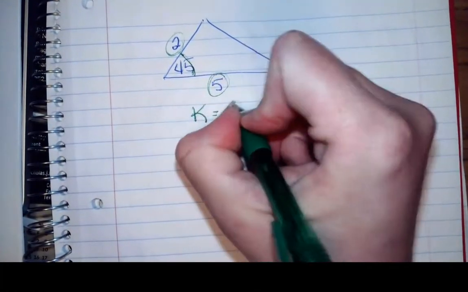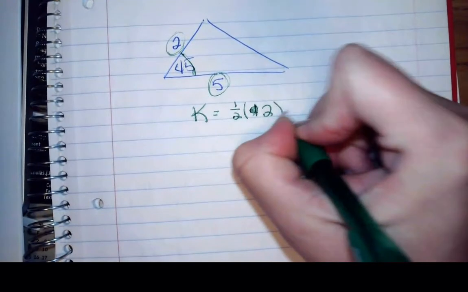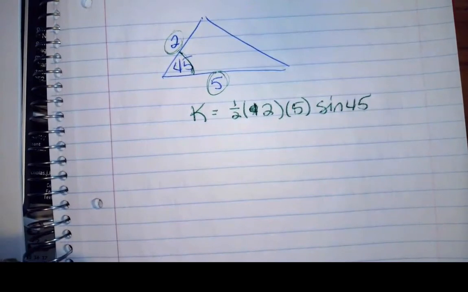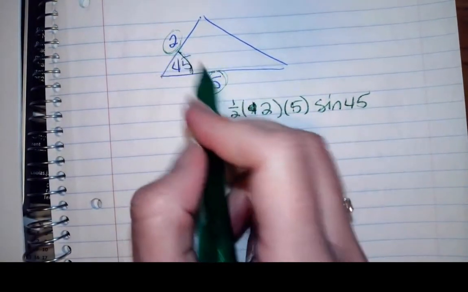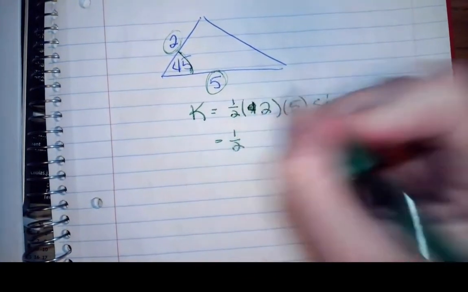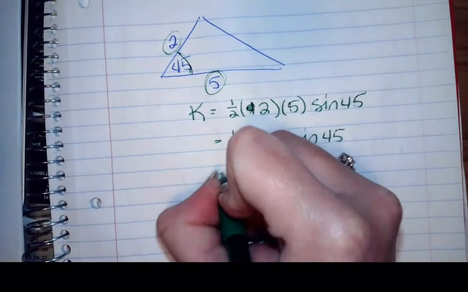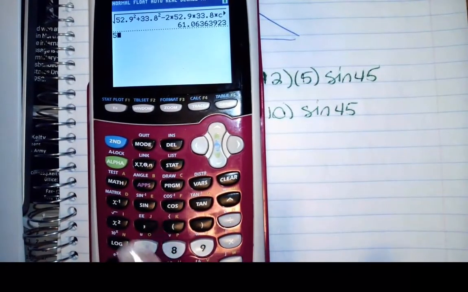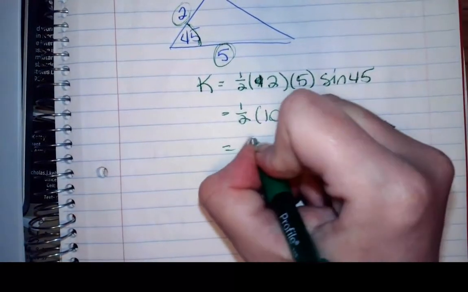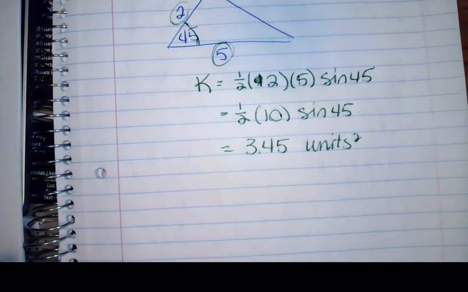I'm told that K equals half of the product of the sides times the sine of the included angle. So I get half of 10, which is 5, times the sine of 45, which gives me 3.54. So the area of that triangle is 3.54 units squared.